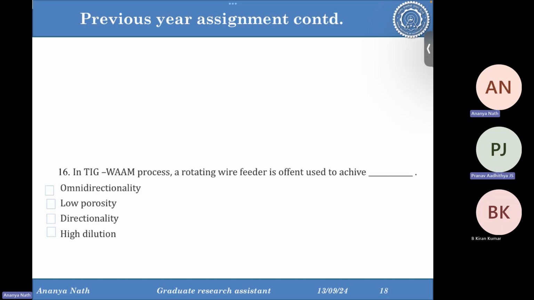In the TIG WAM process, a rotating wire feeder is often used to achieve omnidirectionality. When you are using TIG, the arc is coming like this and the wire is coming like this. Both are attached to the head. And when you move the head, this is the top view.